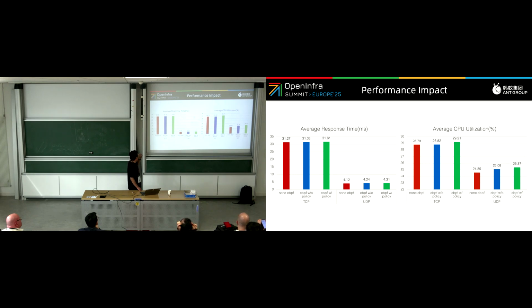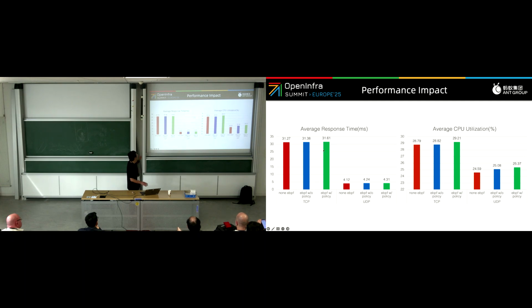The green bar means that you not only loaded the eBPF, but also enforced the policy to check which TCP connections are allowed or not. We can see that the time increased only very little: 3.61 microseconds, only slightly bigger than 3.31.